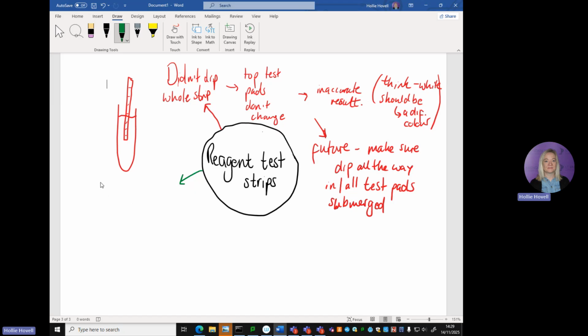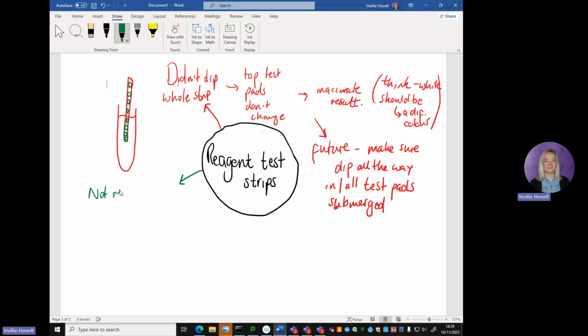and you should read it after 60 seconds. So if you're looking up the colour of this pad, and then the colour of this pad, and then the colour of this pad, and then the colour of this pad, even if you used a stopwatch to try and time 60 seconds, by the time you're reading the pad at the bottom here, more than 60 seconds have passed, haven't they?